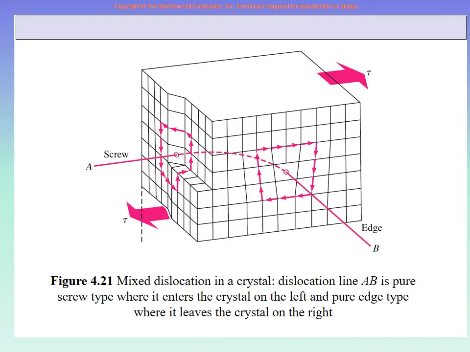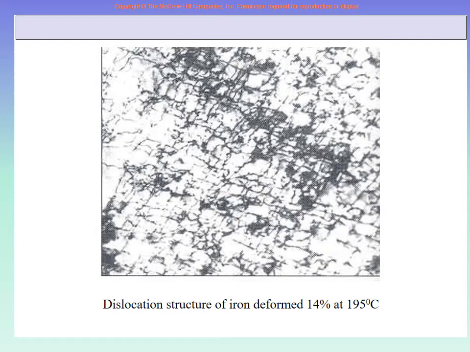So a line defect is known as a dislocation, and a dislocation can be an edge dislocation, a screw dislocation, or a mixed dislocation. And this is a micrograph of a material which has edge or screw dislocations. So a lot of dark areas are there. The rest of the grains are there.